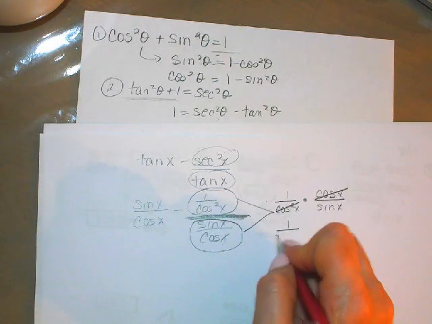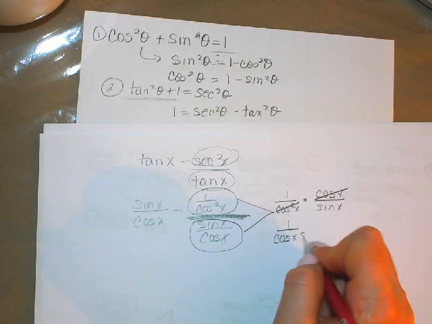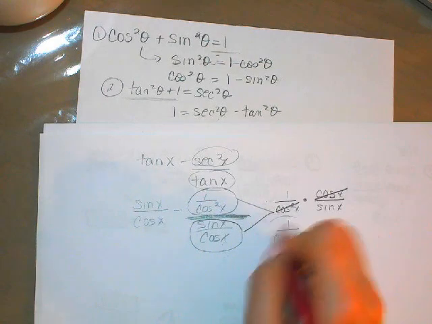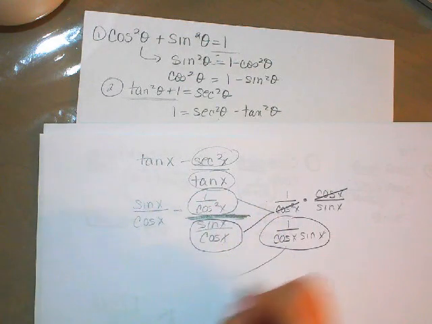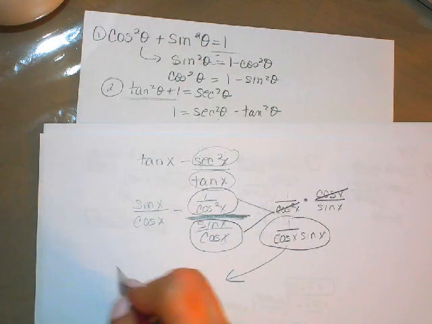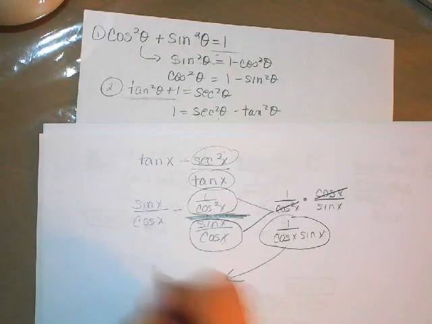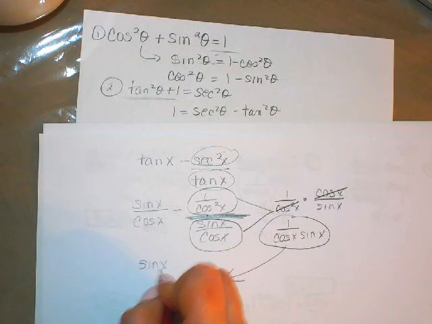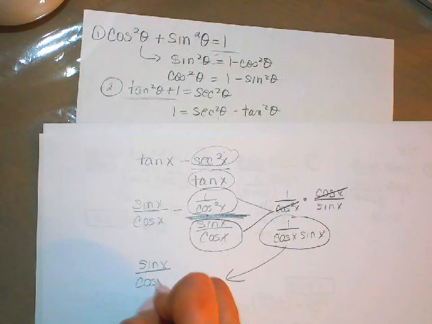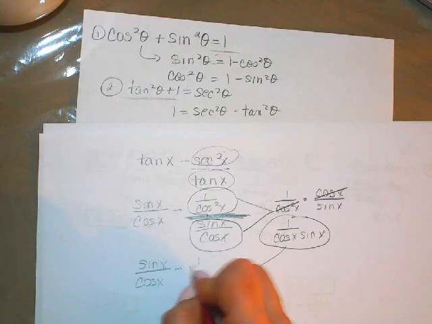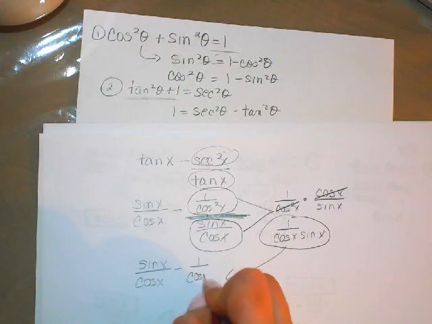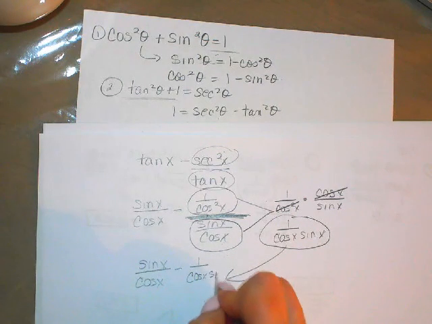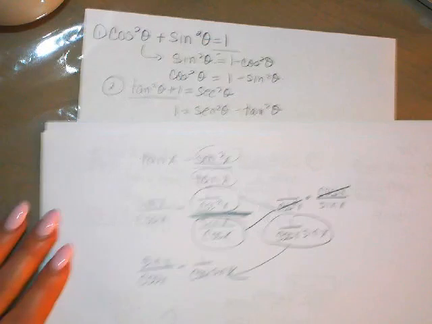So now I'm left with 1 over cosine x sine x. I'm going to take this answer and bring it back into the problem. So I have sine x over cosine x minus 1 over cosine x sine x.